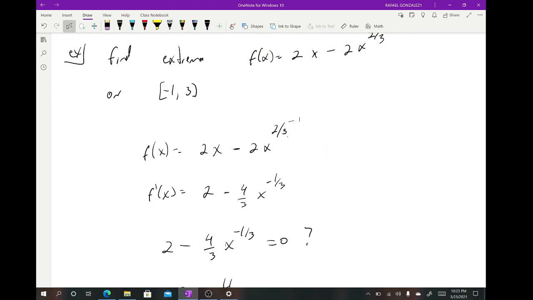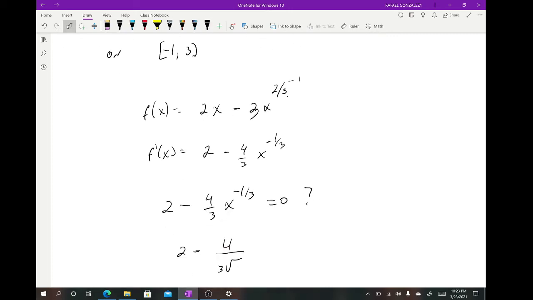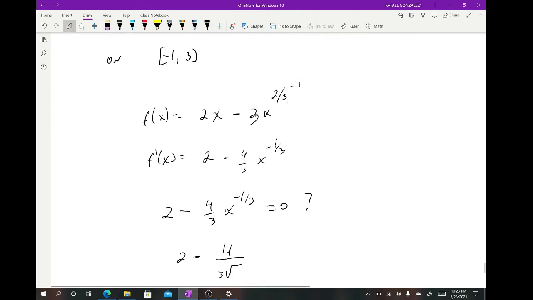Oh, I copied this wrong. It's supposed to be at 3, so there's no cancellation. My apologies. So when you do this, there's actually some cancellation, so you just get a 2 here, not a 4 over 3. That makes life much easier, because then we simply have 2 over the cubic root of x. We want to find out when that is equal to 0.